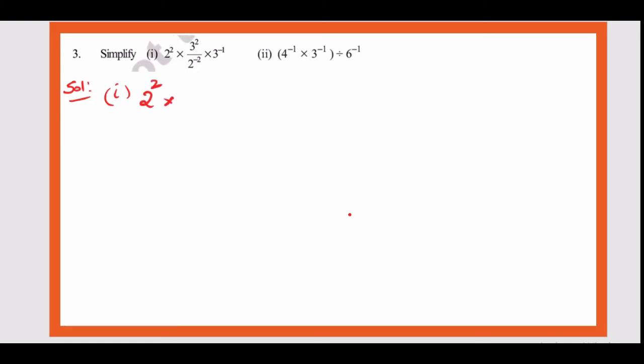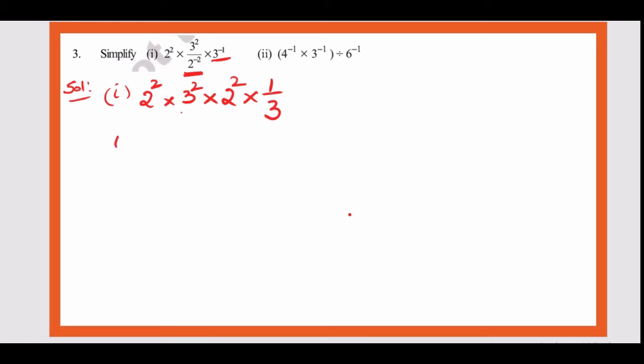So 2 square into 3 power 2 by 2 power minus 2. Whenever you have a negative power, you can directly bring it to the numerator by changing its sign, so simply you can use this particular concept, right? Whenever you have a negative power, you can directly bring it to the numerator by changing the power to plus, into 3 power minus 3. Whenever it is in the numerator, I can bring it to the denominator.